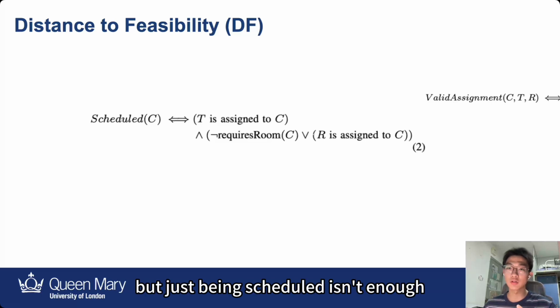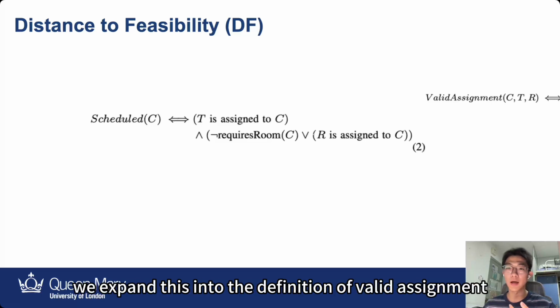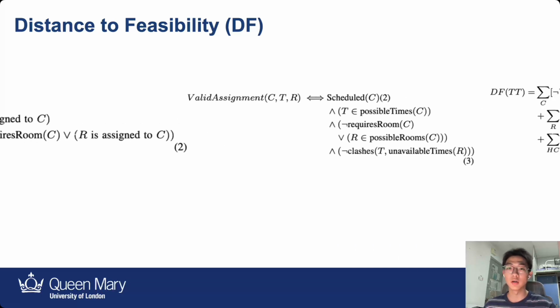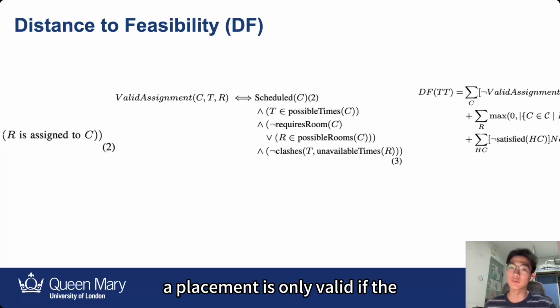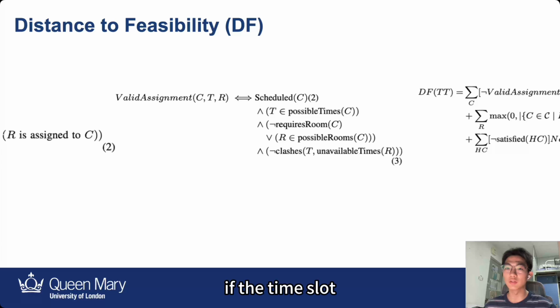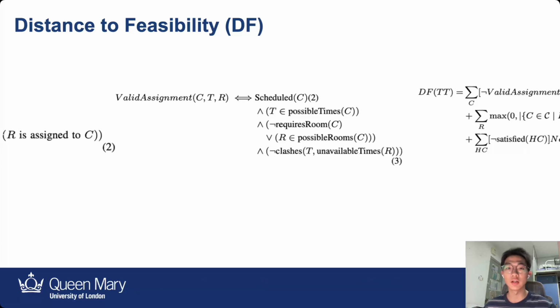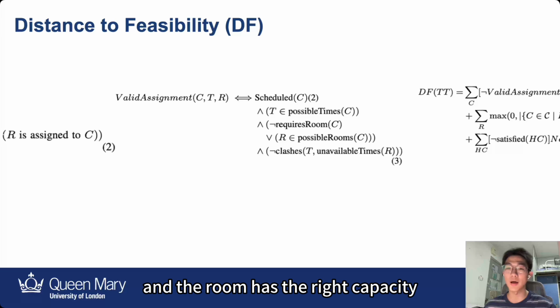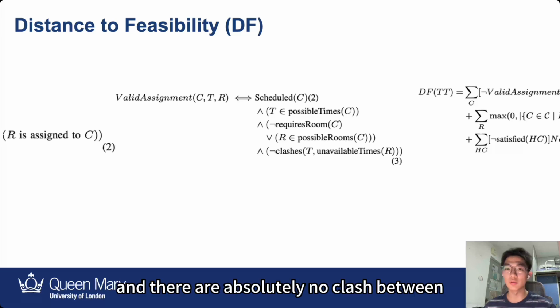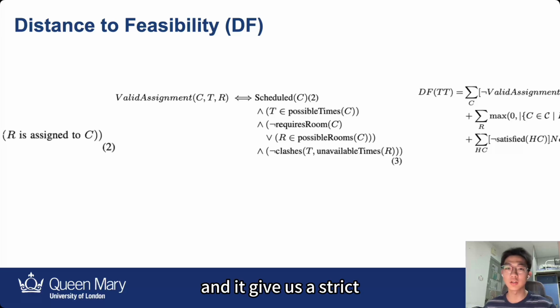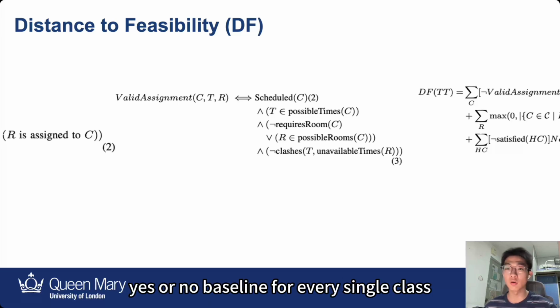But just being scheduled isn't enough. We expand this into the definition of a valid assignment. A placement is only valid if the time slot is actually open for that specific class, the room has the right capacity, and there are absolutely no clashes with unavailable times. This gives us a strict yes or no baseline for every single class.